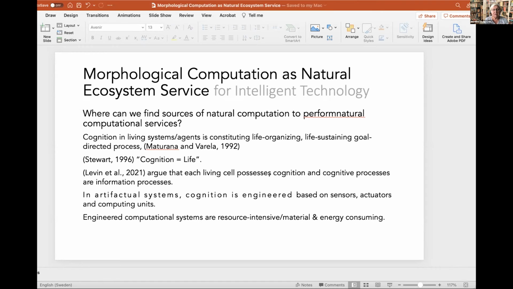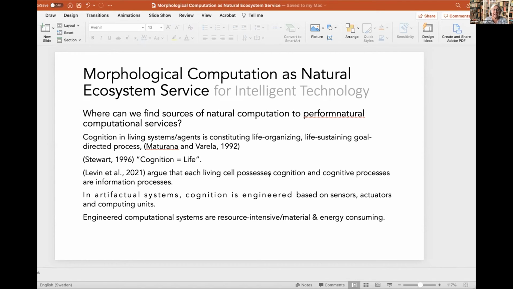For example, Stewart in 1996 claimed that cognition is life. That's his synonym. And even earlier, Maturana and Varela argued the same thing, that the process of life is equivalent to the process of cognition. Everything that is going on in the cell is in function of cognition.